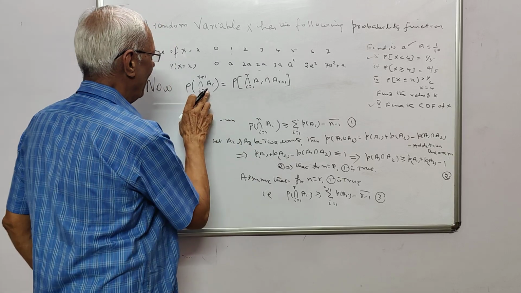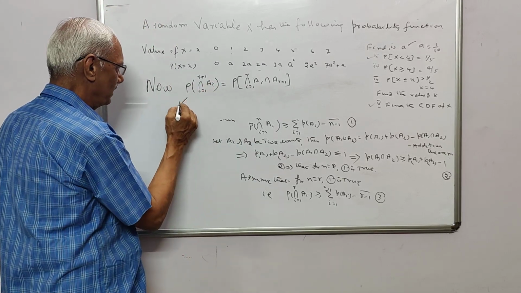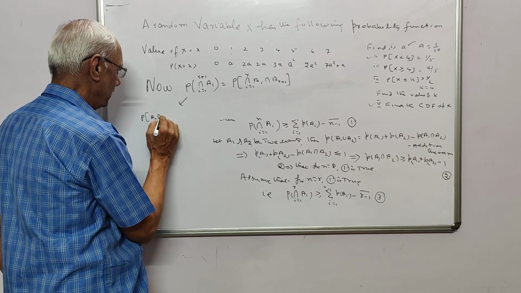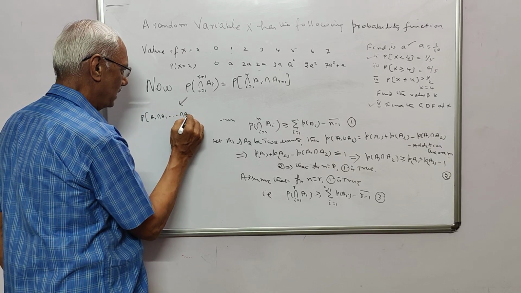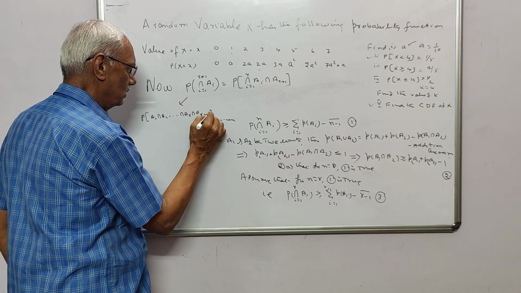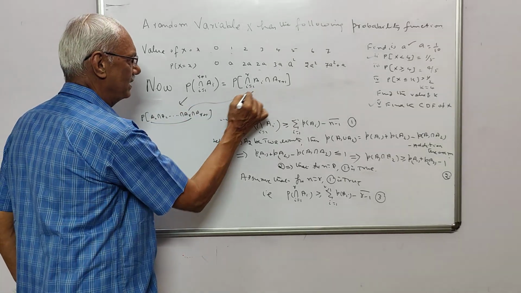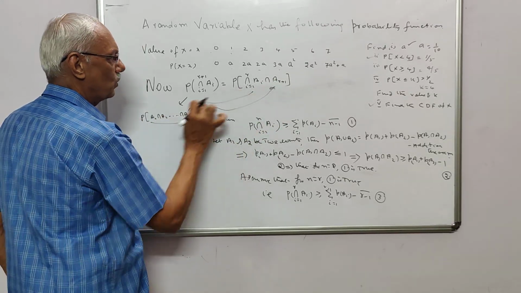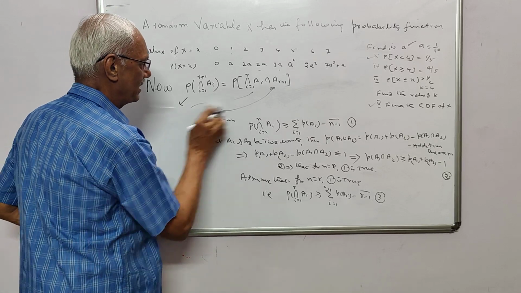What is the meaning of this? It is P of a1 intersection a2 dot dot dot intersection ar, intersection ar plus 1. Up to ar you write like this, and ar plus 1 comes here. So I split it up and write like this.